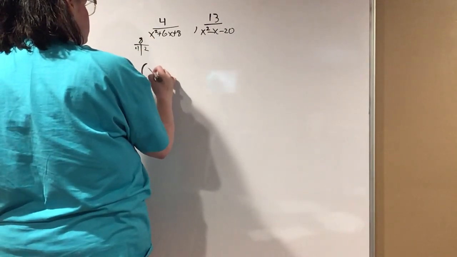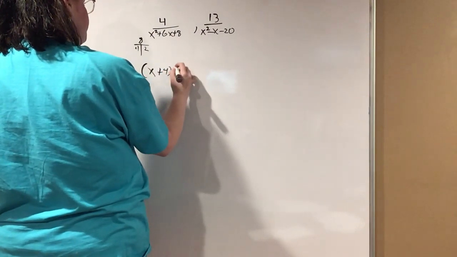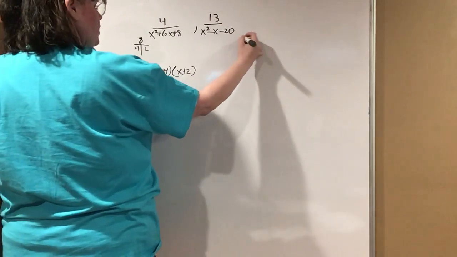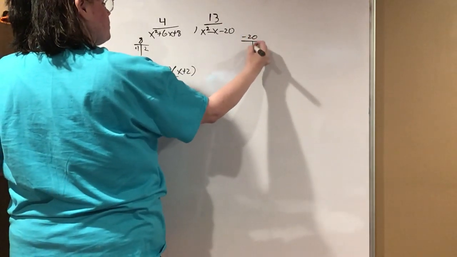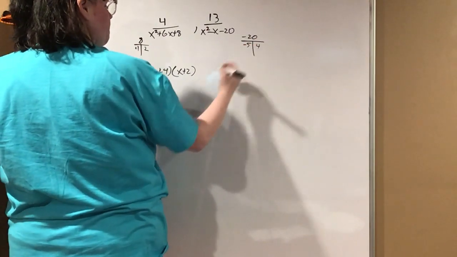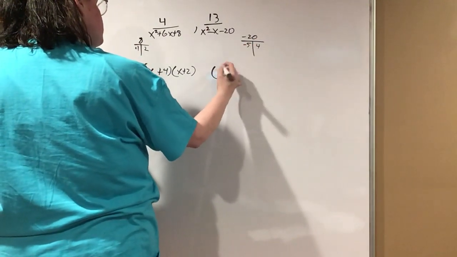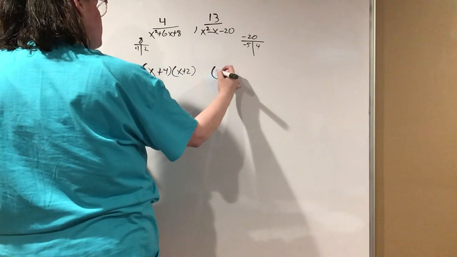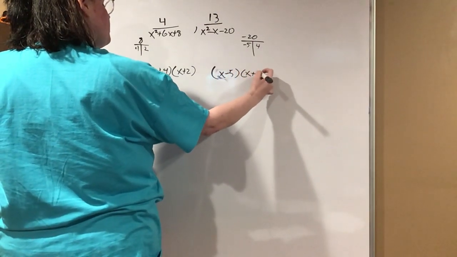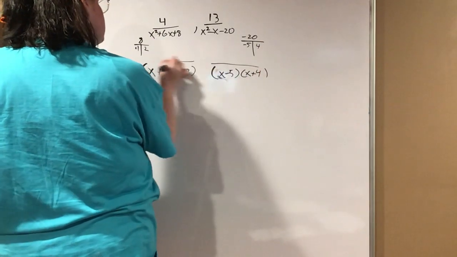So I have x plus 4, x plus 2. And for this one I need factors of negative 20 that add up to negative 1, which is negative 5 and 4. So then I have x minus 5 and x plus 4. So that's on one side, this is on the other.